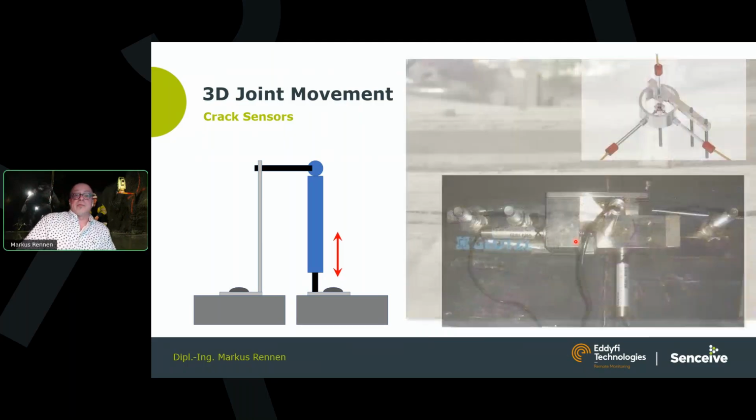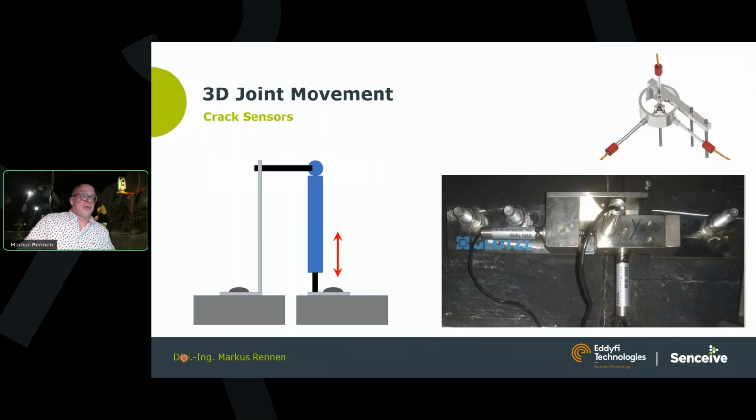This one on the left would be one-dimensional, but by different orientation of the crack sensors it can also be done in 3 dimensions, which also, for example, is for immersed tunnels, that the 3-dimensional displacement of individual segments against each other can be monitored permanently.